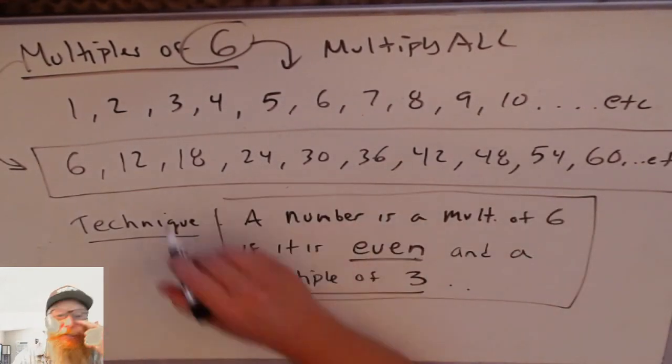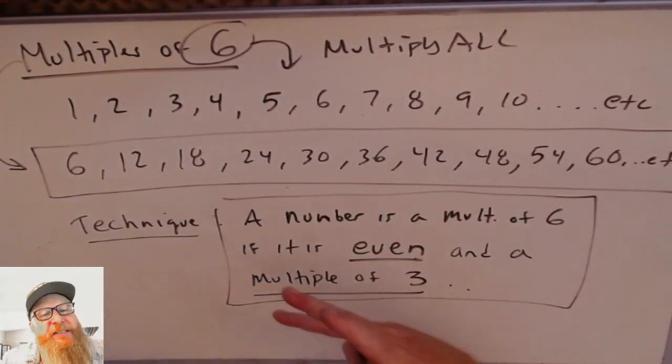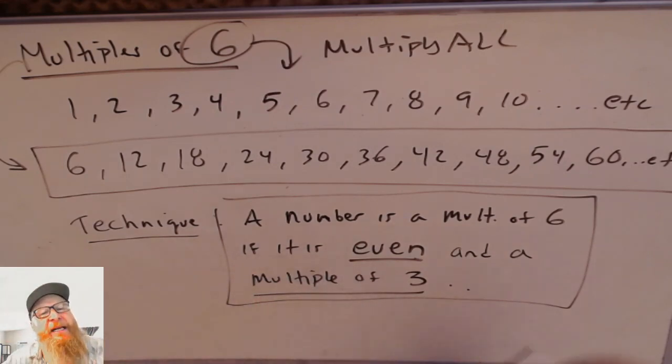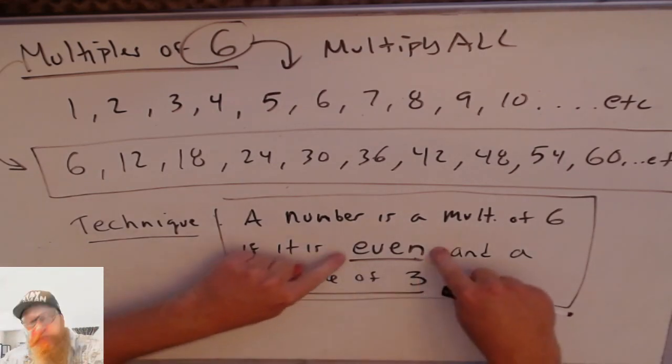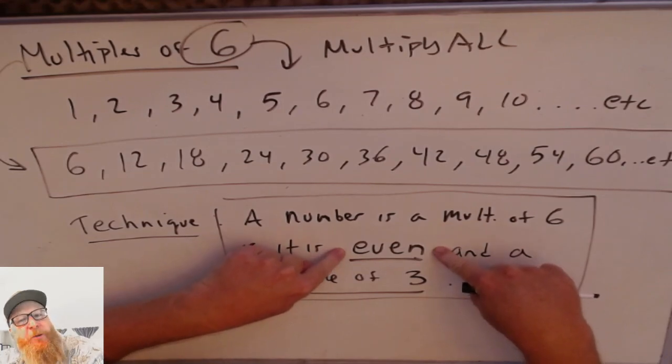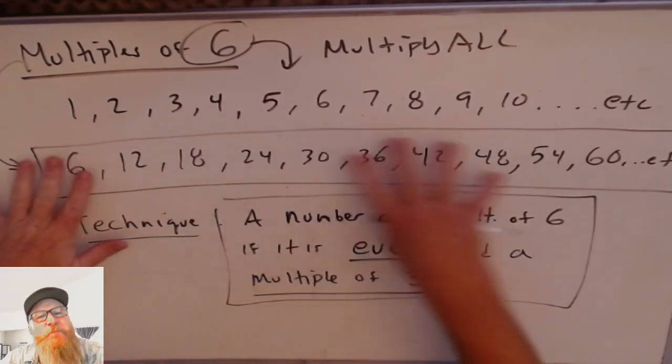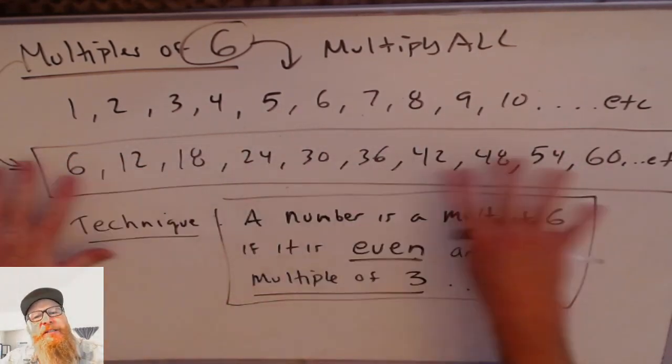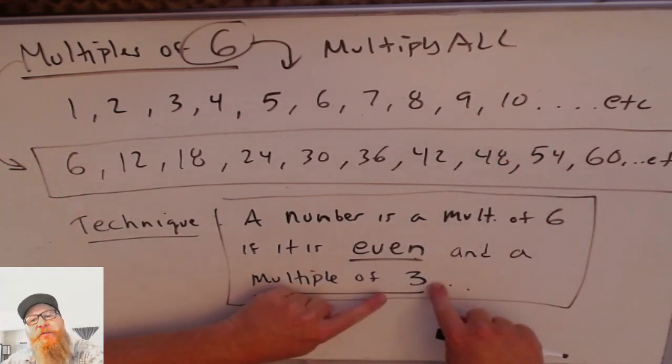So we don't actually memorize the rule for 6 independently. It's not its own rule. It's a combination of the first rule, the even rule. So to be a multiple of 6, you must be even. Notice these are all even. And they're all multiples of 3.